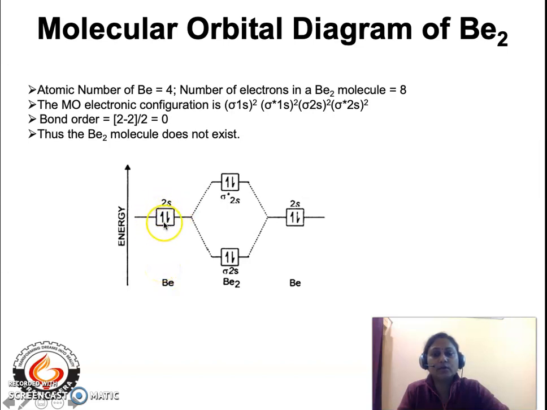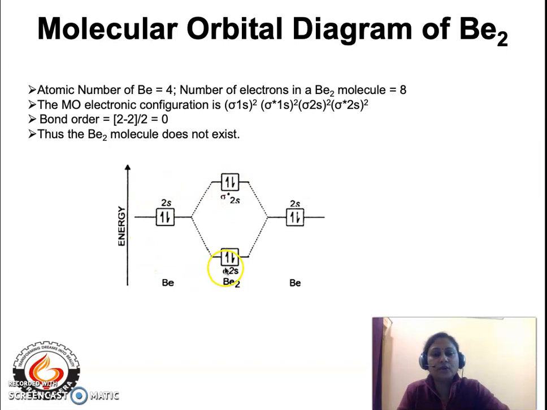The 2s atomic orbital overlaps with the 2s atomic orbital of another beryllium atom to give rise to 2 molecular orbitals. One is the sigma 2s, another is the sigma star 2s, and they are arranged in the order of increasing energy level. That means sigma 2s is at a lower energy level and the sigma star 2s is at a higher energy level.